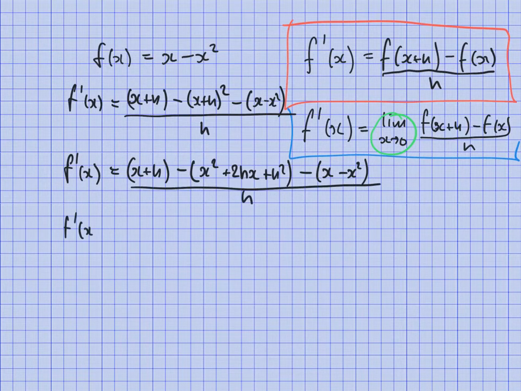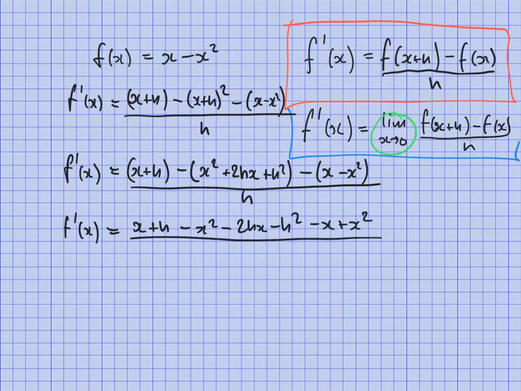I'm going to tidy this up. Basically, if I just get rid of the brackets now, I can see what can cancel. So I get x plus h minus x squared minus 2hx minus h squared minus x plus x squared, all over h. Let's get cancelling.